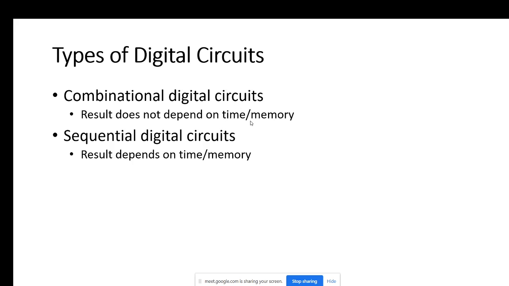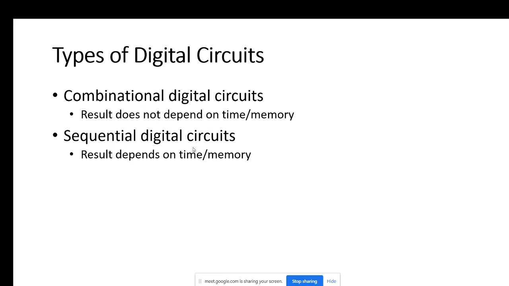It doesn't have a memory, and the output does not depend on the current value or the previous value. For example, when we add two numbers, we do not rely on memory. If someone asks what is 5 plus 7, it is 12. It doesn't matter what your memory is. So that kind of thing is called a combinational digital circuit.